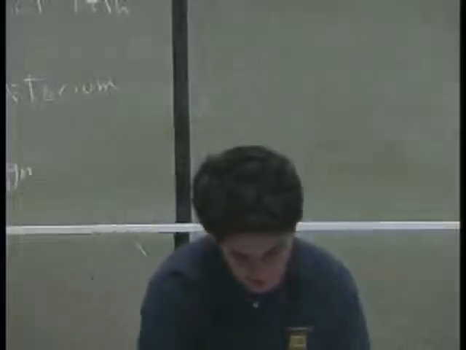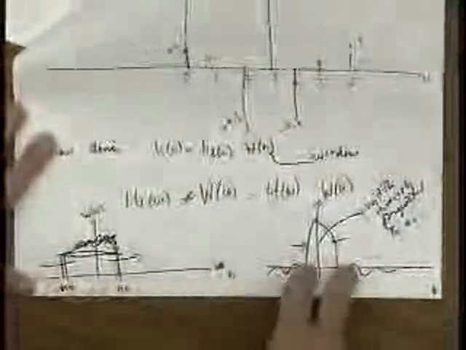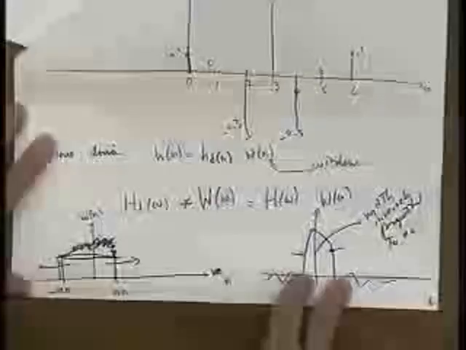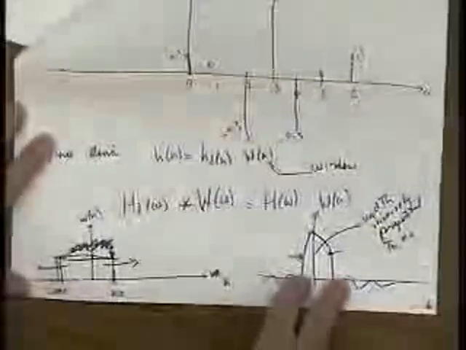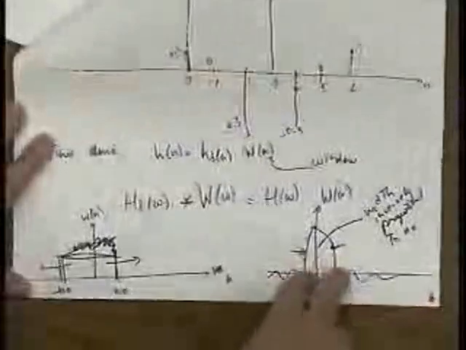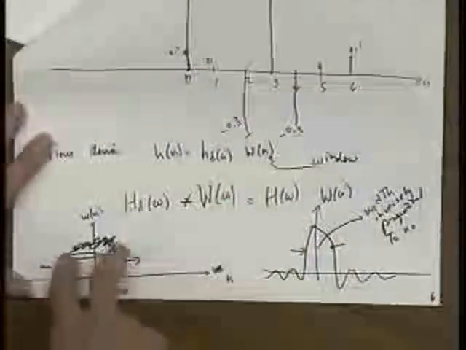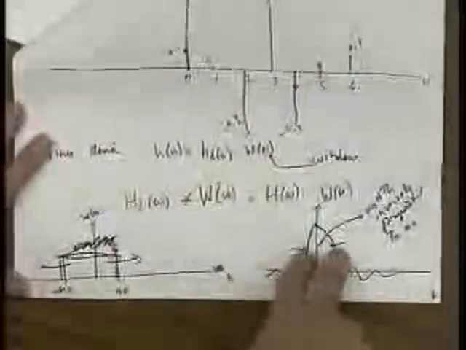Where we left things last time, just so that you remember, was this page which said, if you multiply by, let's say, a rectangular window of duration 2n0, then in the frequency domain it corresponds to convolving the Fourier transform of the ideal response with the Fourier transform of the window, and the Fourier transform of a rectangular window is the sinc.